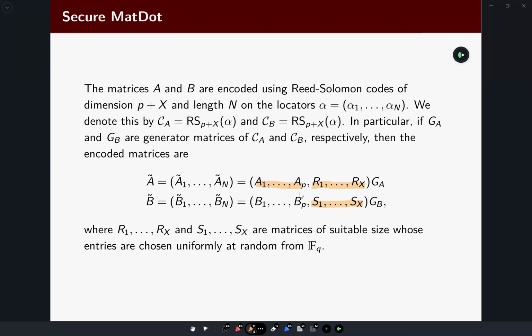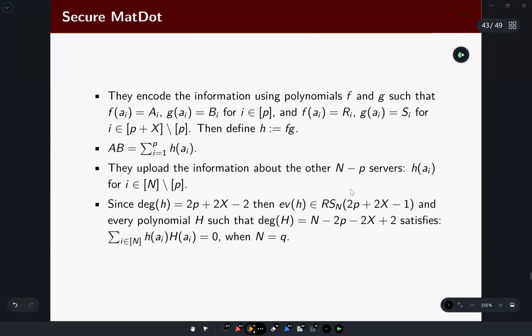And that's the reason why the dimension here is P plus X. That's basically what they do. They encode the information using polynomials. So f(a) is a piece of the matrix, g(a) is a piece of the other matrix, such that when we do h(a) times b, that is just the sum of h(a_i), where h is the product of those two polynomials.